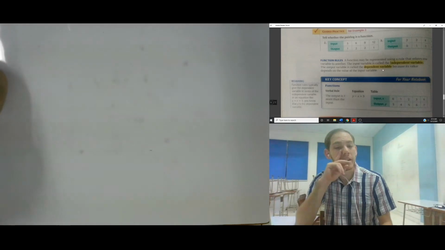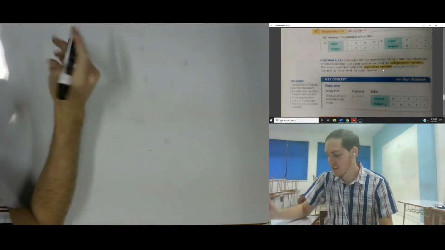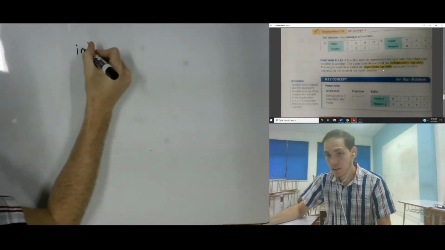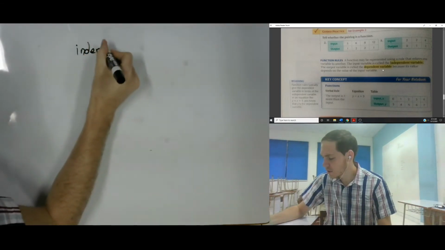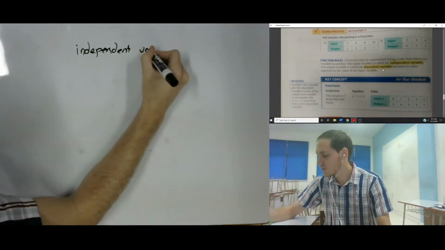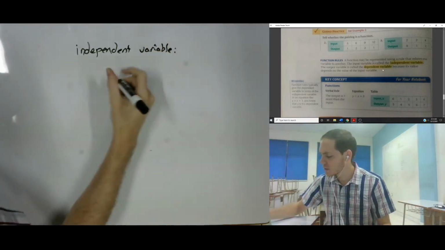Okay, independent variable and dependent variable. Independent variable is what is not affected. So the independent variable is the variable for our inputs.